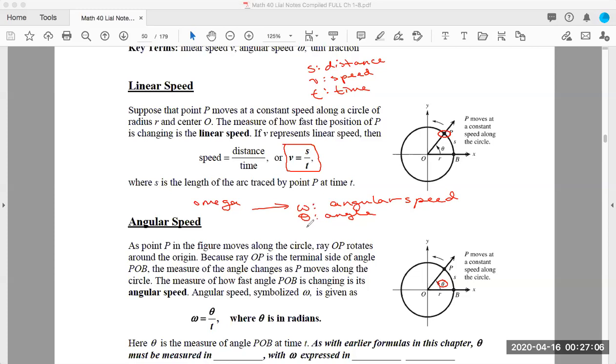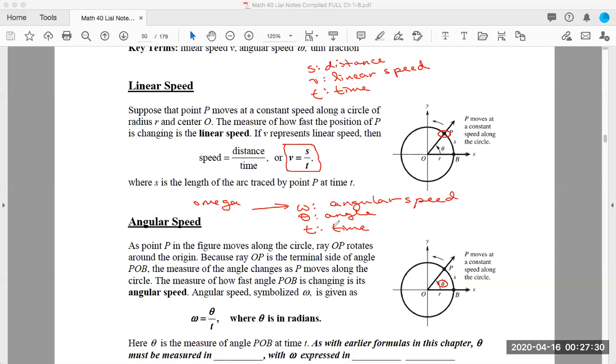And your T is going to be time. I already see something I want to add up here. Sorry to skip around a little bit, but I want to make sure that you emphasize that V is linear speed and omega is angular speed.